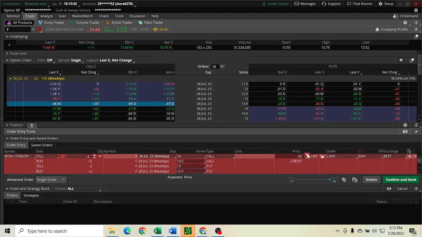I'm actually going to put this up to 20. It's outside the midpoint, but these can flex. If I get a lot more here and a little less here, that's fine as long as the entire credit is 20, and I'm doing it times 2, so that's going to be a $40 credit.